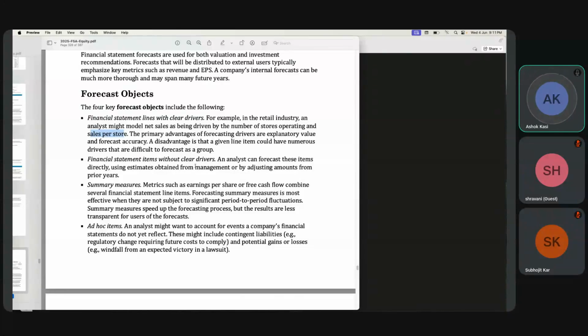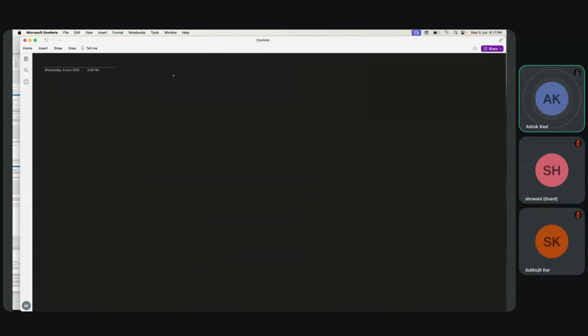Then financial statement lines without clear drivers. Here, how will you get the idea? Without clear drivers, an analyst can forecast these items directly using estimates obtained from management or by adjusting amounts from prior years. How will you get this information from management? Remember, I told you about con calls on YouTube.